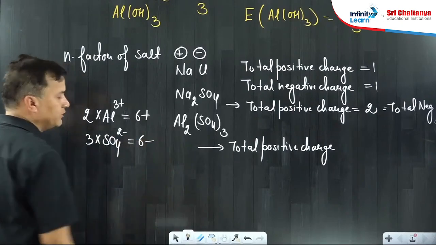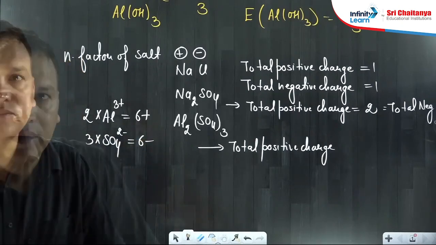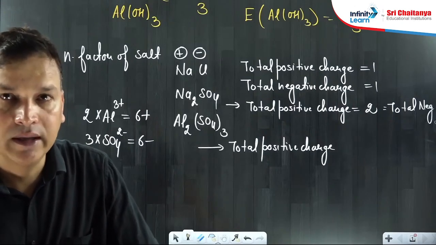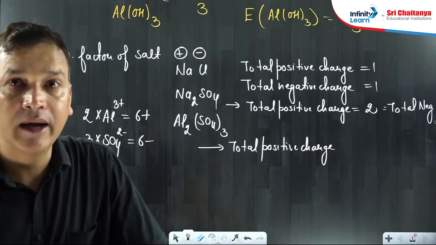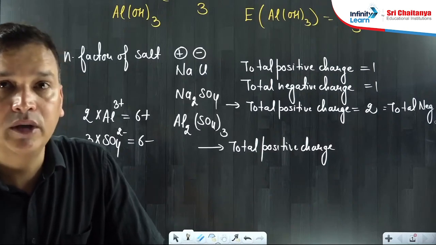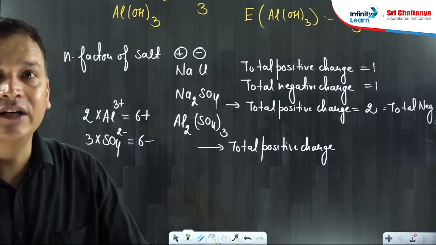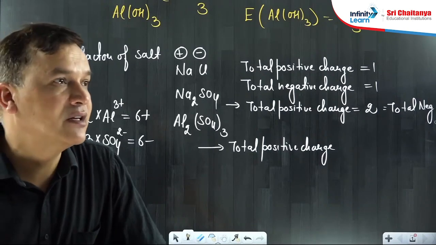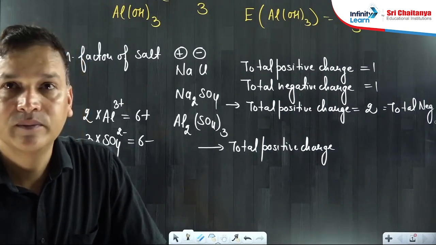So the total negative charge is 6 negative. Confirm me, yes or no? There are 2 aluminium, each having 3 positive charge, so the total positive charge is 6 positive. And definitely, since it is a neutral species, the total positive charge and total negative charge will be equal.